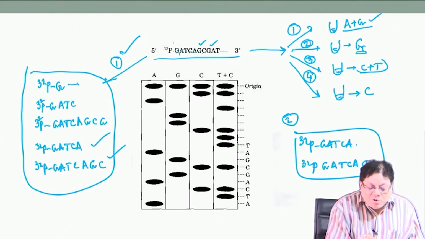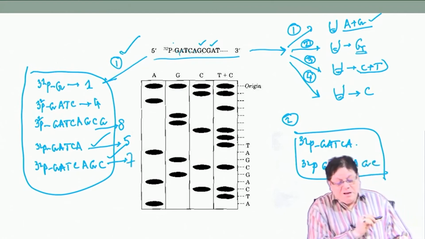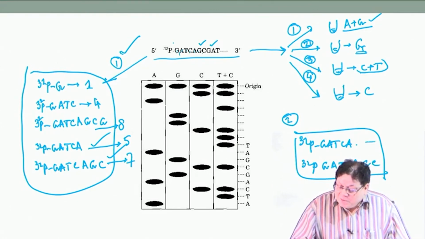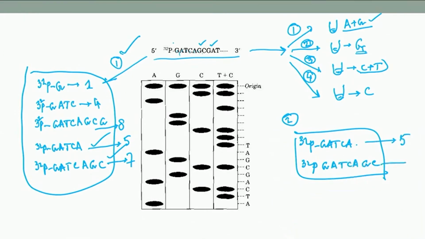So this contains only one base, this contains 4 bases, this contains 8 bases, this contains 5 bases, and this contains 7 bases. Okay. And in the second test tube, you will have 5, and you will have 7.